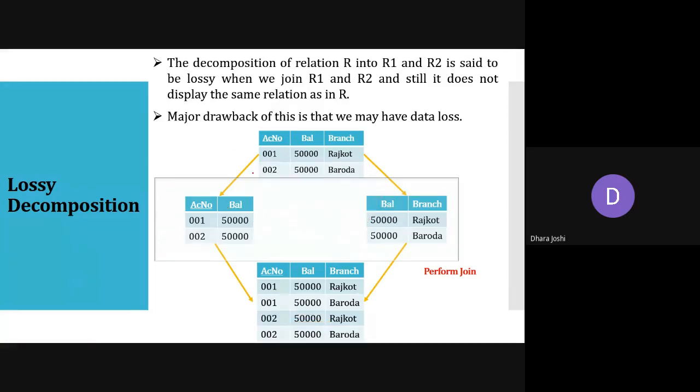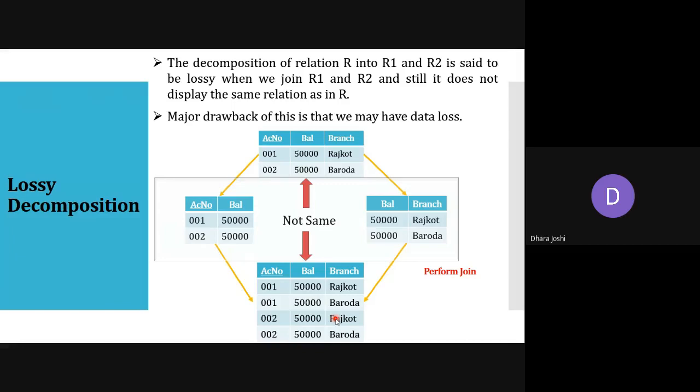We know that account number 001's branch is Rajkot, and 002's branch should be Baroda, from the actual table. But here, when we have divided it into two different tables and now join it, we get this kind of table, in which account number 001 is in Baroda and 002 is in Rajkot. These middle two records are incorrect.